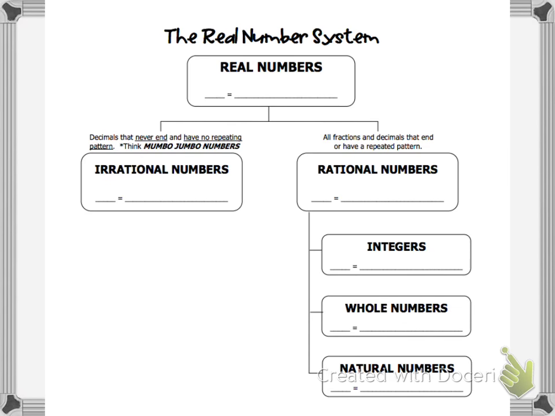Now, every number that you have ever come in contact with thus far in your mathematical career has been a real number. Every number that we will talk about in this 8th grade math class will be a real number. Okay, so there are imaginary numbers, but for now, real numbers, we're going to represent that with an R. Okay, so whenever you see an R, for now, we're going to say that that is all numbers.